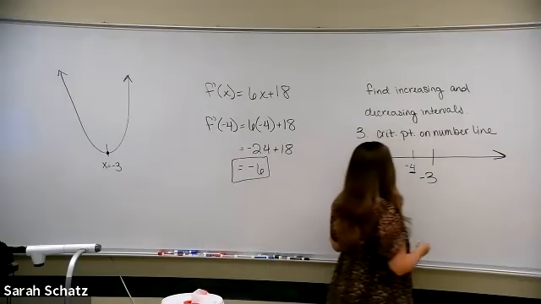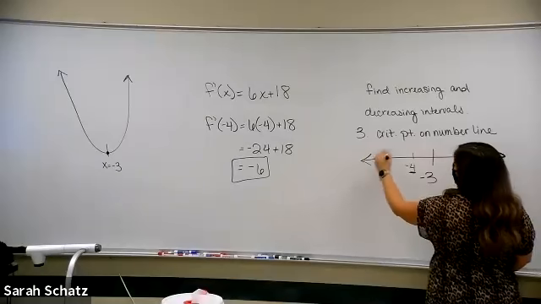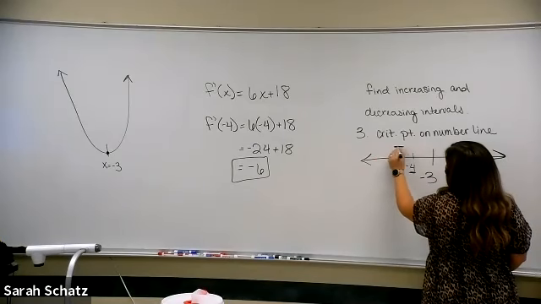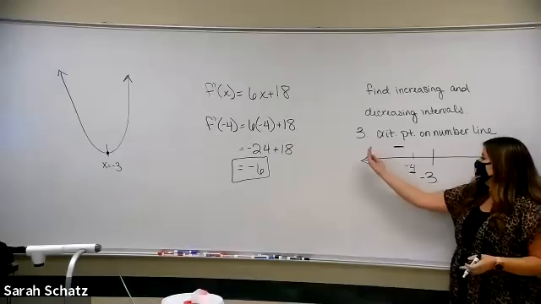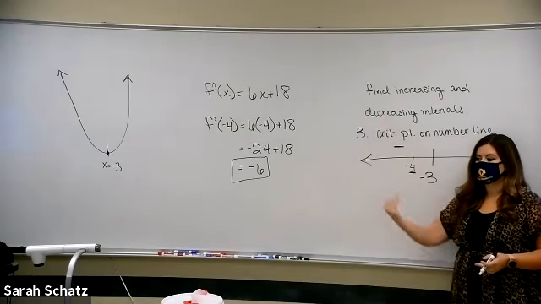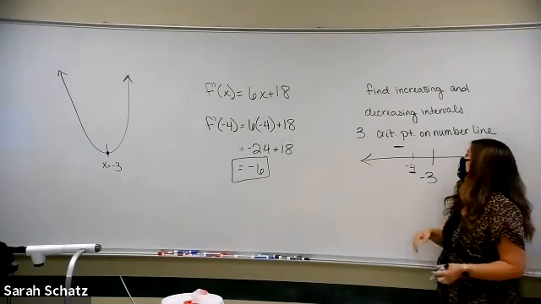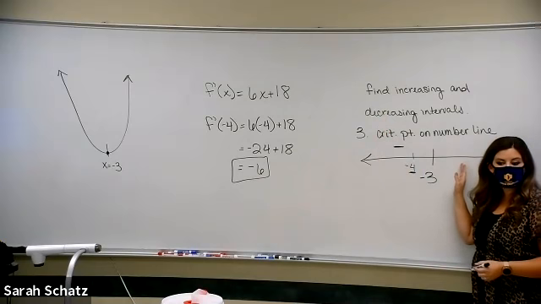So I tested the value on this side of our critical point, and I got that it was negative. I'm just going to put a big minus here. This signifies that all these x values that are less than -3 give me a graph that's decreasing. So let's test a value on the other side.